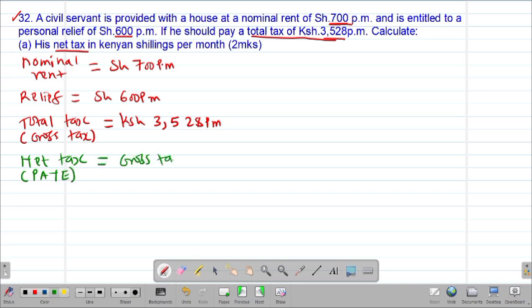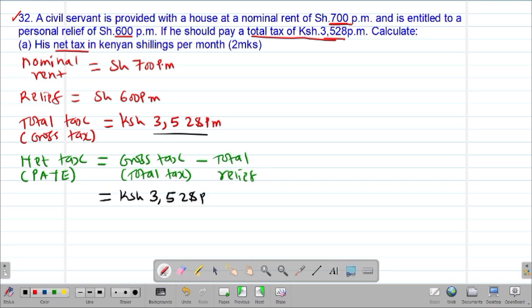It is always given by the gross tax, also called the total tax, less the total relief. So the net tax that we need to find, or the PAYE, will be given by the gross tax, which is Kenya shillings 3,528 per month, then minus the total relief.